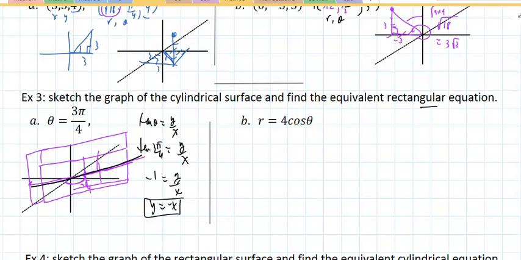Here, I know what that graph looks like. In 2 dimensions, I know this looks like this. It's a circle wrapped around the positive x-axis, because that's a cosine, with a diameter of 4. In 3D, I can sketch a graph.